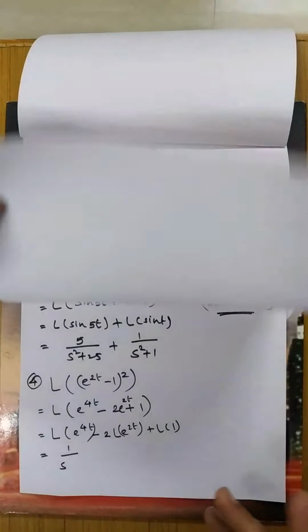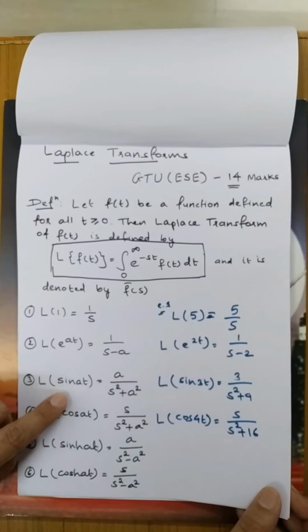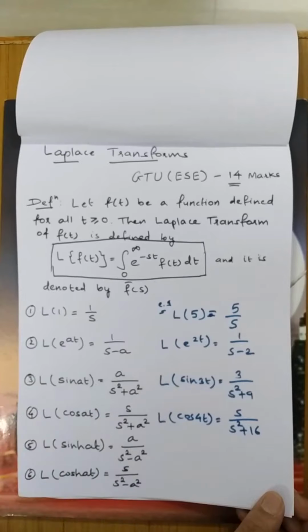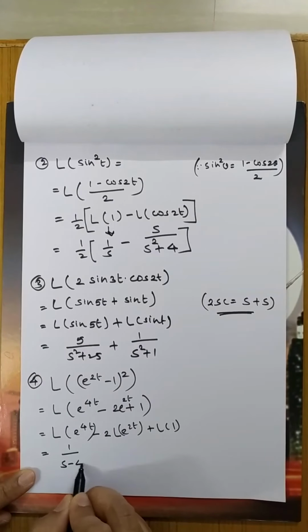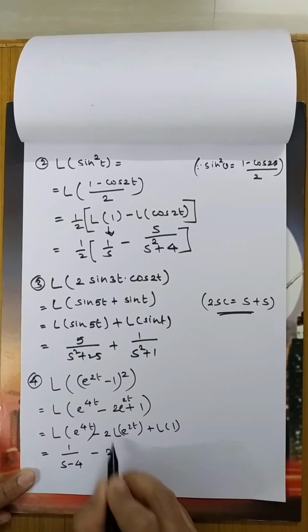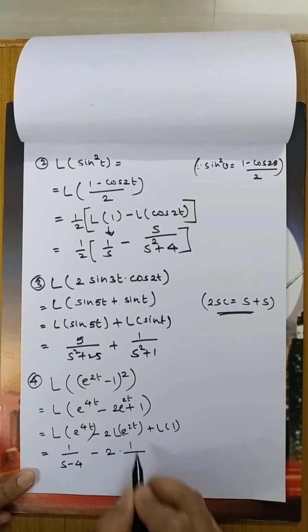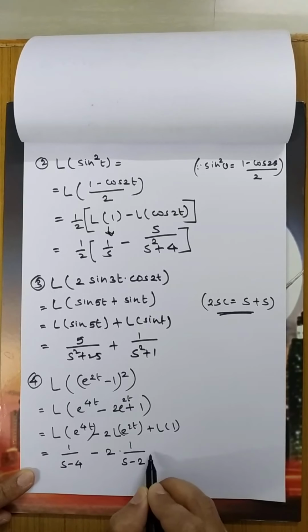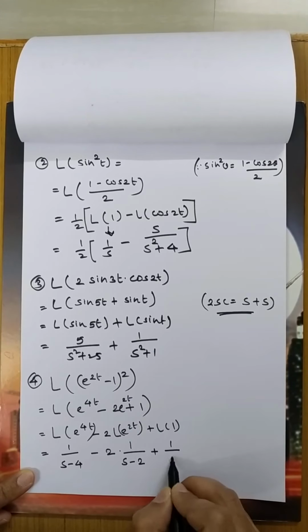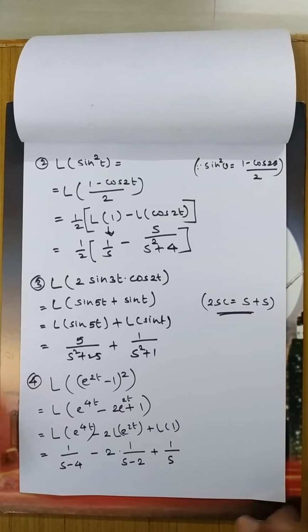I have already given you Laplace of e raised to at is 1 upon s minus a. So here Laplace of e raised to 4t is 1 upon s minus 4, minus 2 constant, and Laplace of e raised to 2t, same as this formula, is 1 upon s minus 2, and Laplace of 1 is very simple, 1 upon s. Okay.